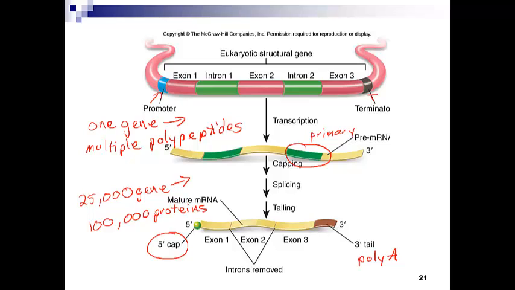You can see based on those numbers, it can't be one gene, one protein. How can genes that number 25,000 have 4 times as many proteins that are produced? It's how we process the mRNA. So processing mRNA gives us greater diversity in our proteome.